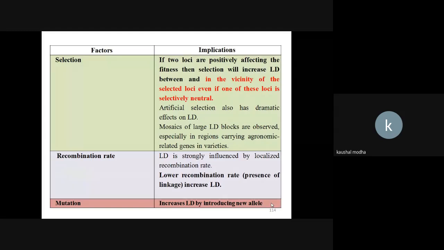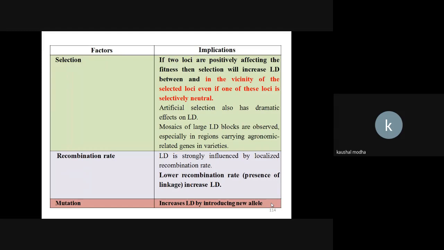Artificial selection also has a dramatic effect on LD. It has been observed that if we perform LD mapping across the varieties developed so far by breeders in a particular crop, we find larger LD blocks for the regions contributing to yield. Because knowingly or unknowingly, breeders are selecting those genes which contribute to yield.